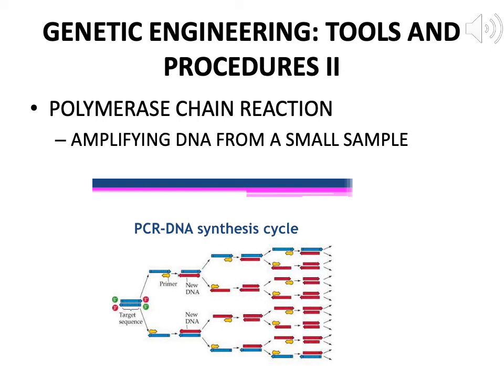And through an automated process, you make 2 copies, make 4 copies, make 8 copies, and so on and so forth. Polymerase chain reaction is going to involve an enzyme called a polymerase. It makes a long chain molecule. DNA is a long chain molecule, and all we're going to do is make copies over and over again. So the polymerase chain reaction is a process by which we make more DNA of what we start with.